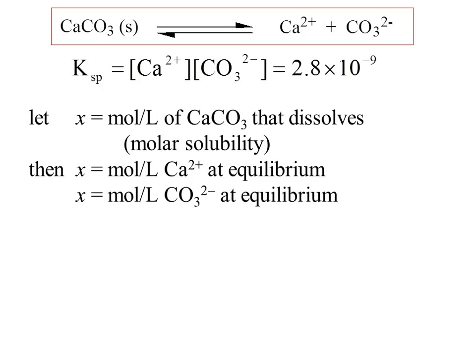Then, like you might be imagining, all we've got to do is take those X's and substitute them into our equilibrium constant expression, or our solubility product constant expression. X times X is X squared. Don't need the quadratic for these, right? I can get the value of X by taking the square root of 2.8 times 10 to the negative 9th.